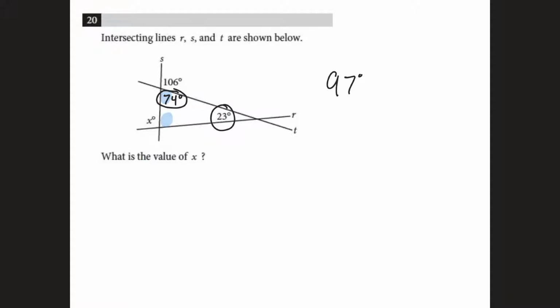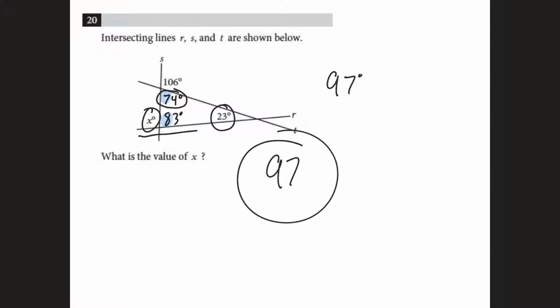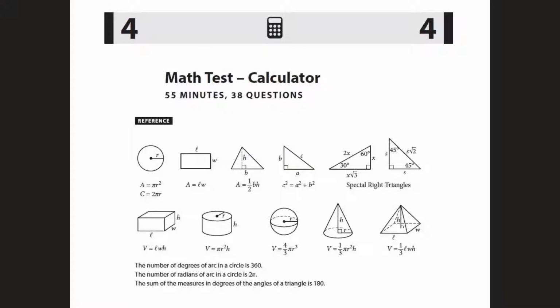And then how many degrees does the last angle have to be to total 180? Well, that angle must be 83 degrees. Okay. Again, we know that x and this 83 degree angle are a linear pair, therefore they're supplementary. And x in this case must be 97 degrees.